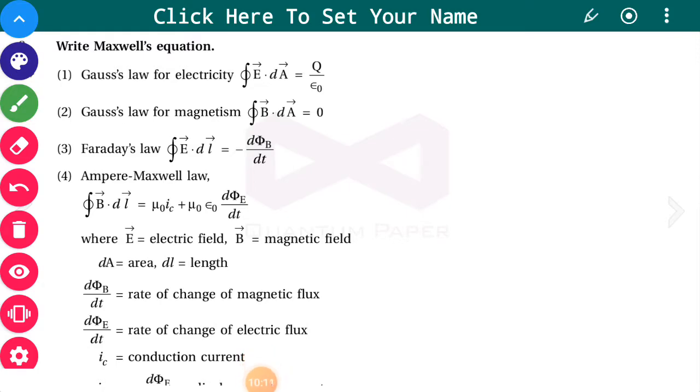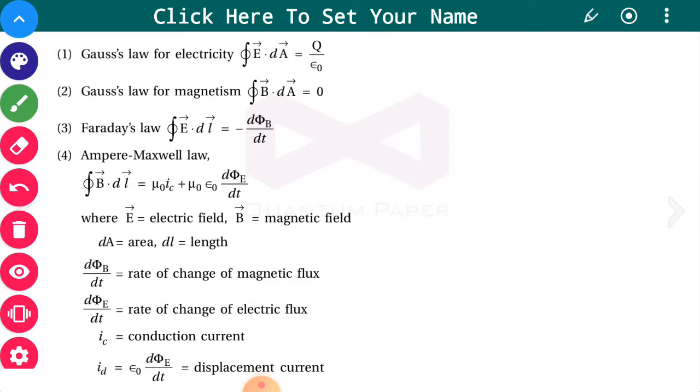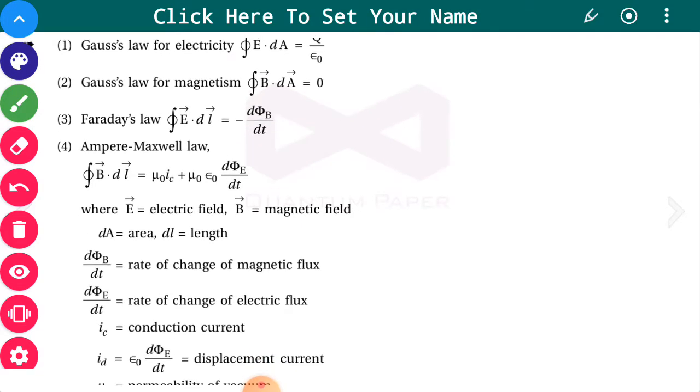Now see, these are Maxwell's equations. They are a combination of Gauss law of electric field that we have studied in the first chapter: integration E dot dA is equal to Q upon epsilon 0. Gauss law for magnetic field is integration B dot dA is equal to 0. Faraday's law is integration E dot dl equal to minus d phi B by dt.